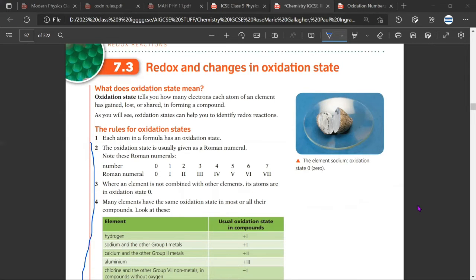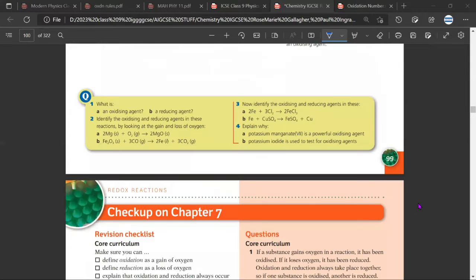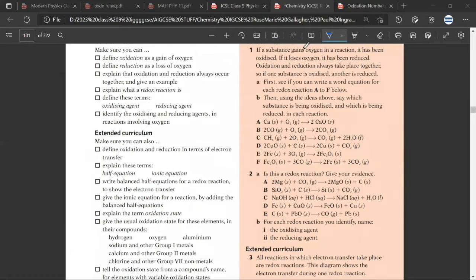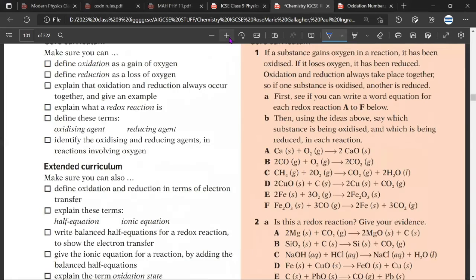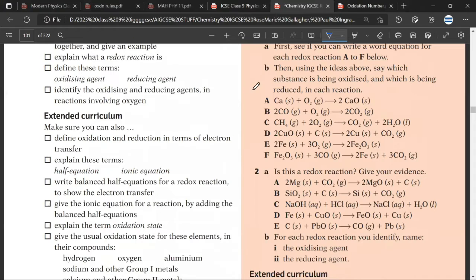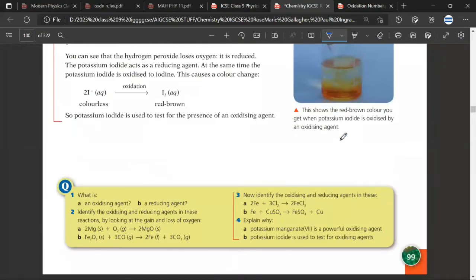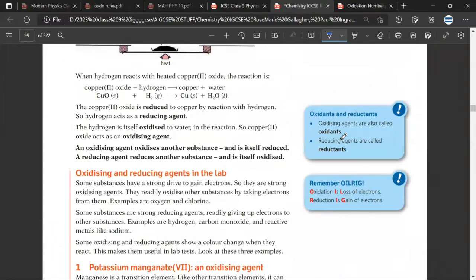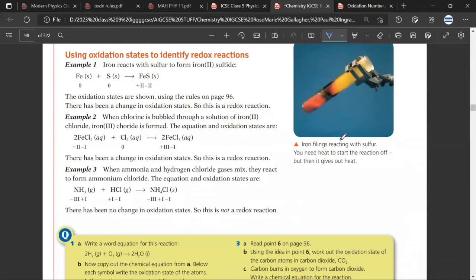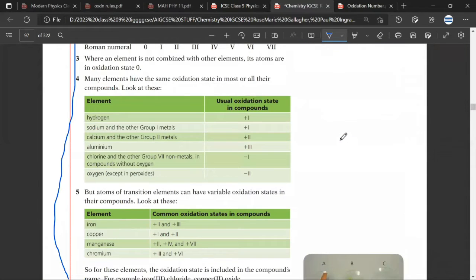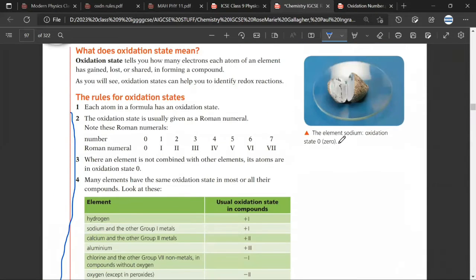And once we have understood what oxidation numbers are, then when we look at these redox reactions, we'll be able to make out which is going oxidation and which is going reduction using the rules of oxidation number. Chris, is it making sense? Yes, sir.